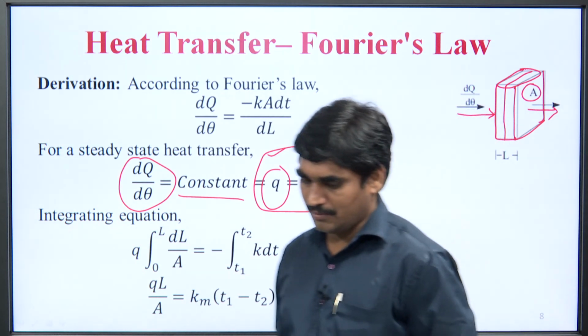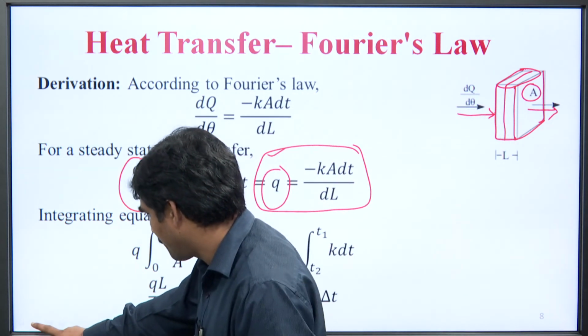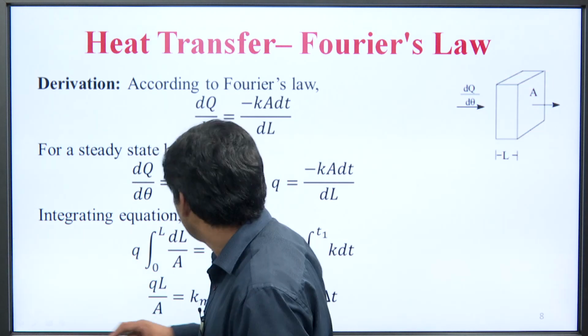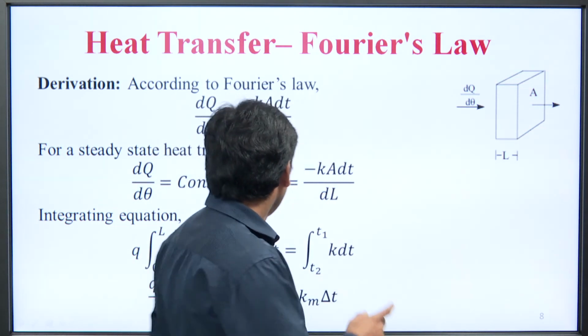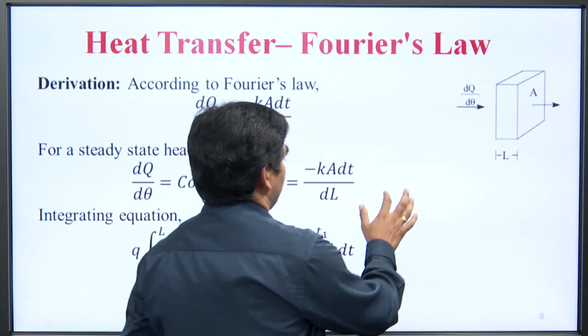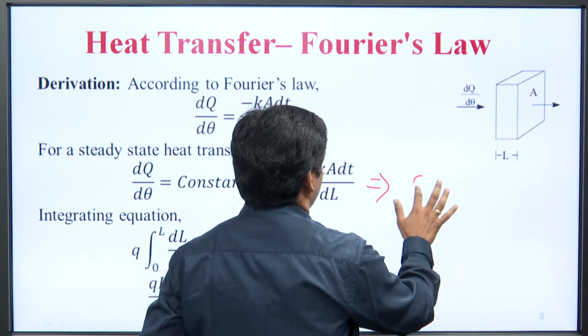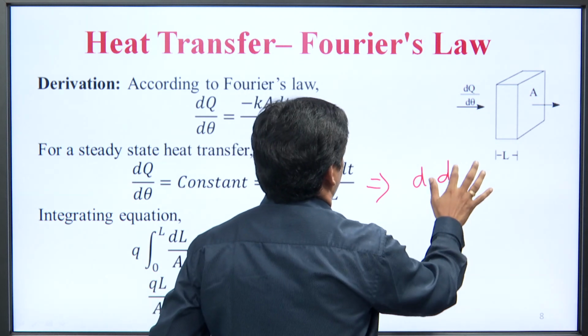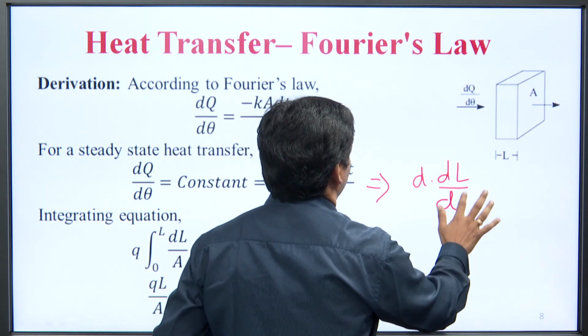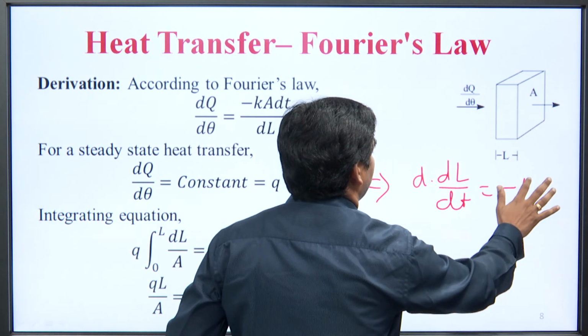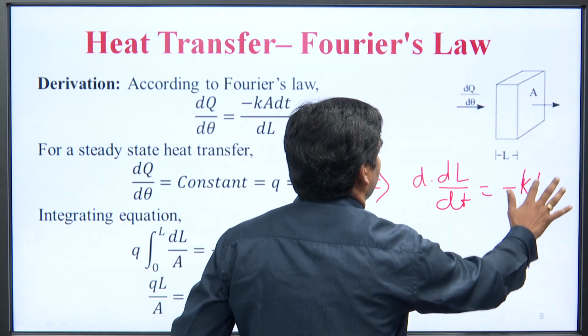So, how will we go for integration? For that we have to rewrite the equation. So, this implies that q into dL by dT is equal to minus k A.